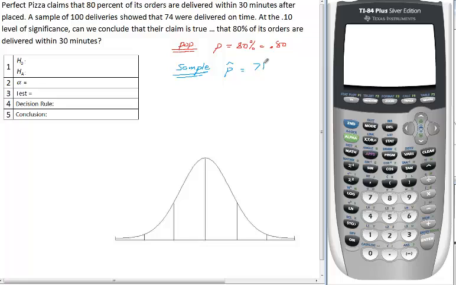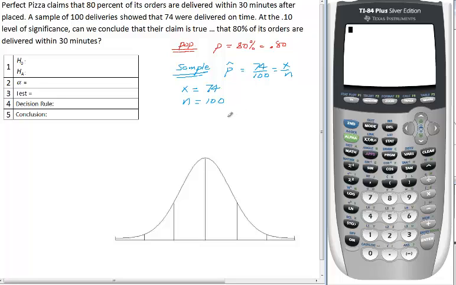We're given that 74 out of 100, right? In other words, x out of n. Or some people just write the fact that x equals the number of successes, or in this case 74, and n equals the number of trials, or the number in the sample. So either way, you can write it either way. There's no issue there. Now, so that's what we know.